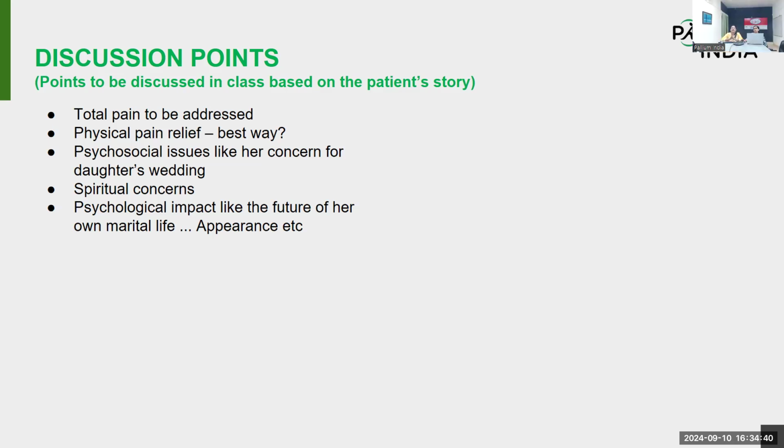There is no ceiling effect for morphine. You can increase the dose as much as you want. There is nothing like a maximum dose for morphine. The only thing is that we need to monitor the toxicities. So the maximum dose depends upon the patient's response to pain and the development of toxicities. If the patient develops any toxic signs, then you need to reduce the dose.